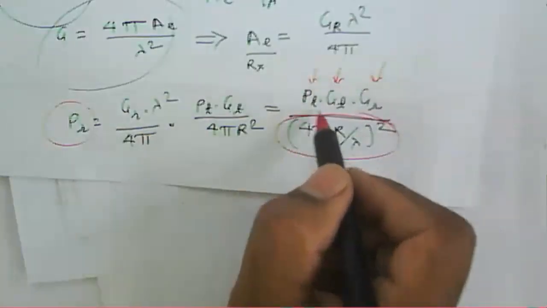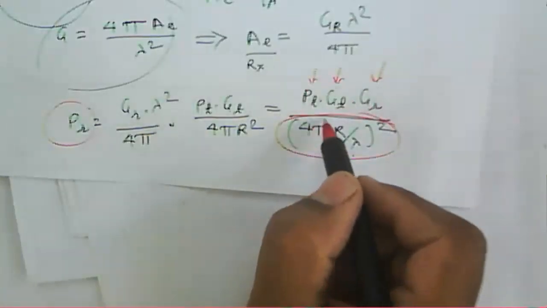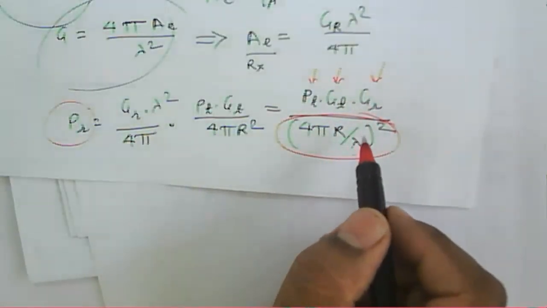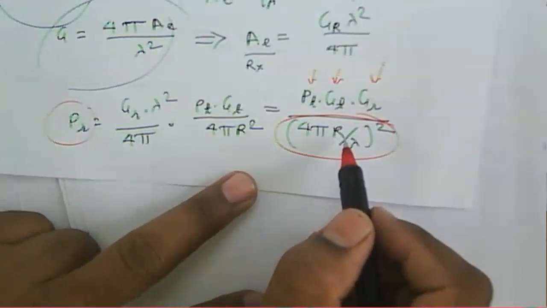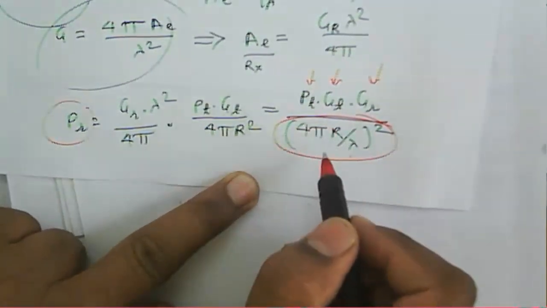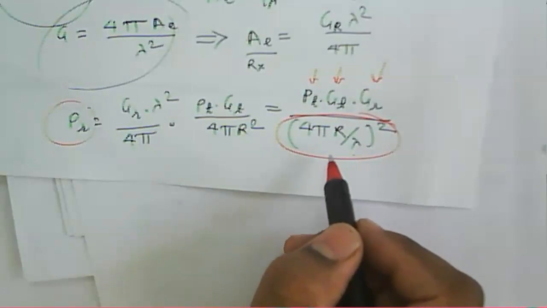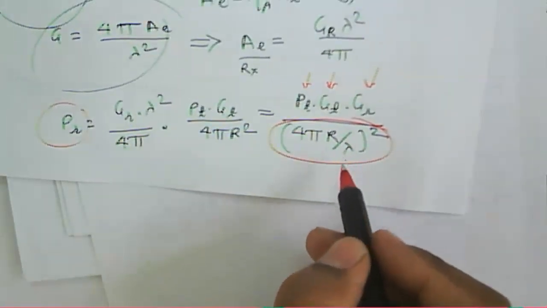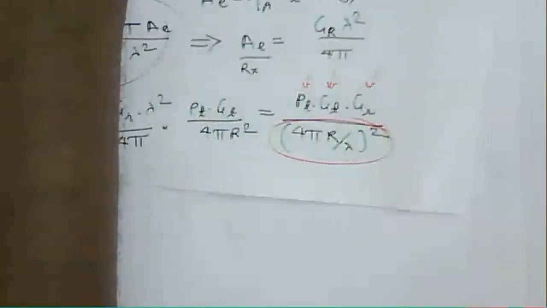Means even if these terms are there, this term will reduce the power received at this antenna. So that's why this particular factor is nothing but a loss, or we can say that this particular factor is nothing but a free space loss.